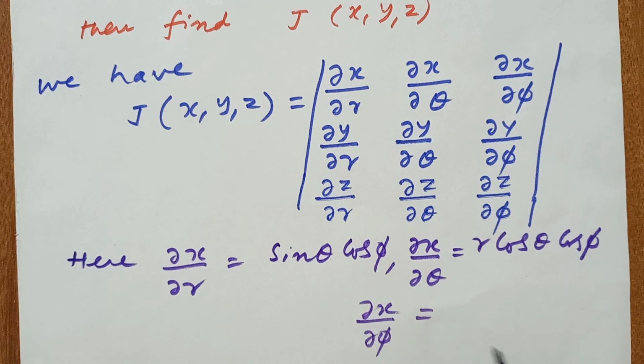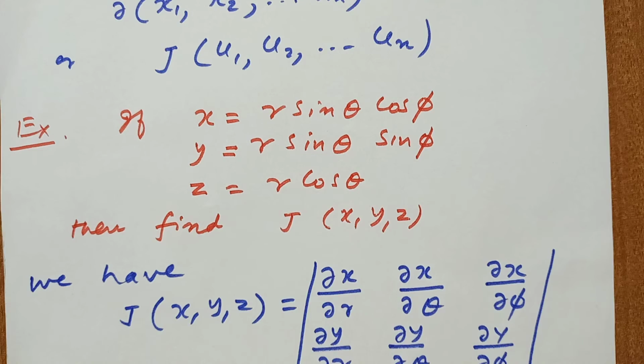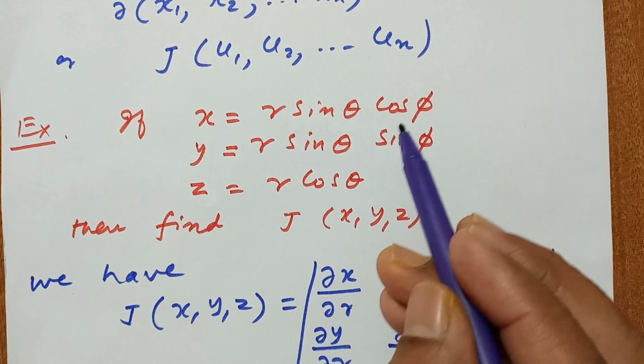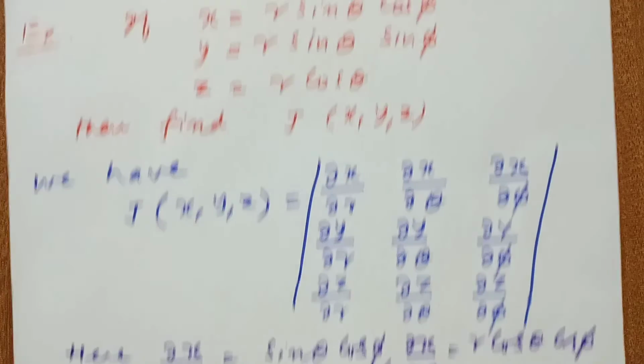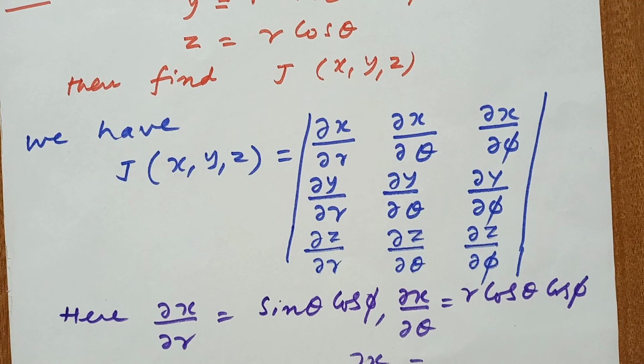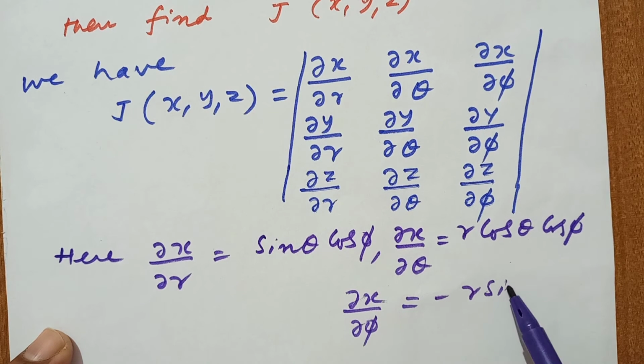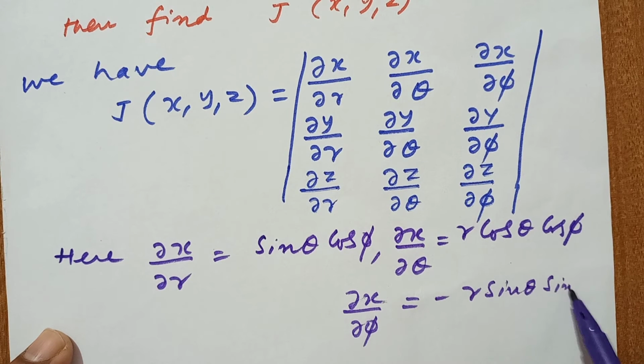So del x upon del phi means r and theta are constant, differentiation of cos phi is minus sin phi, so this is minus r sin theta sin phi.